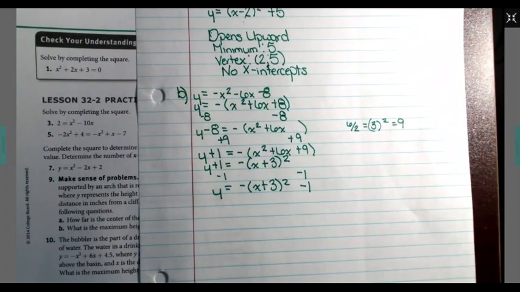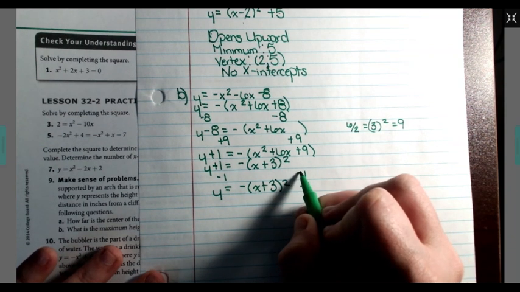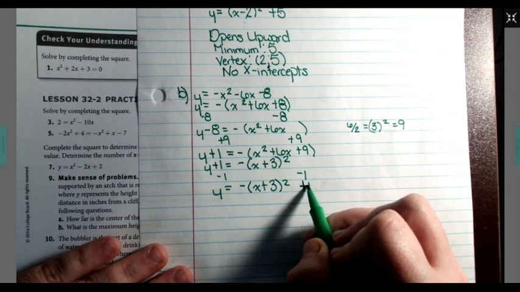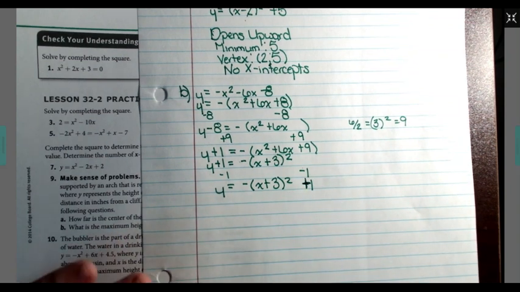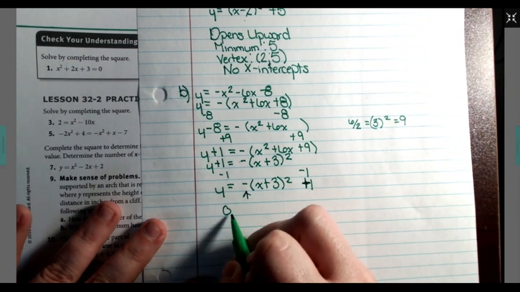So what this tells me is that negative 1, when we multiply it back over, is actually going to become a positive 1 because there's already a negative 1 over here. So we're going to actually add this one. Because of the negative here, this is going to open downward.